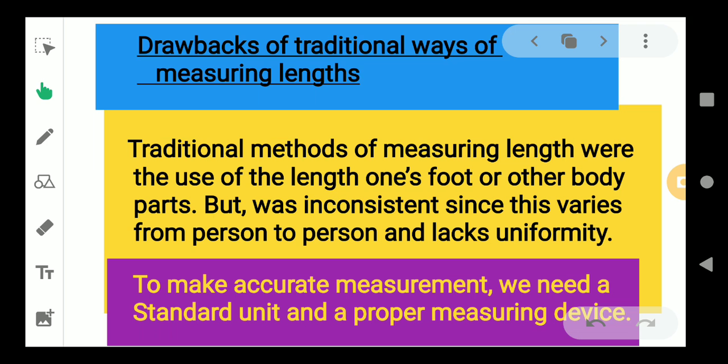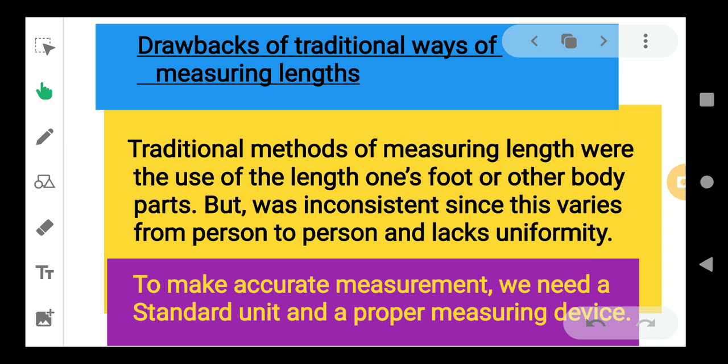So, we can say that the traditional methods of measuring length were the use of the length of one's foot or other body parts, but this was inconsistent since it varies from person to person and lacks uniformity. We just saw that the length of your hand span is different from that of your friends, and it is different from that of your mother or father.